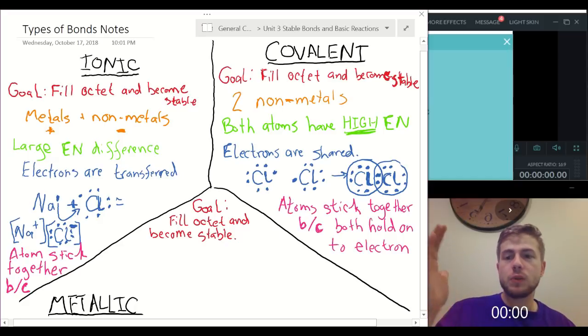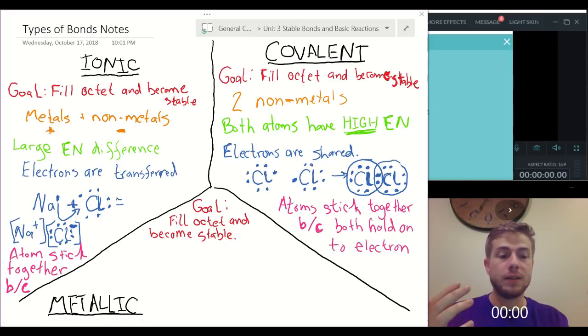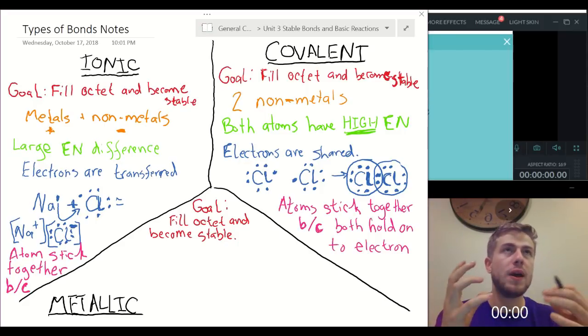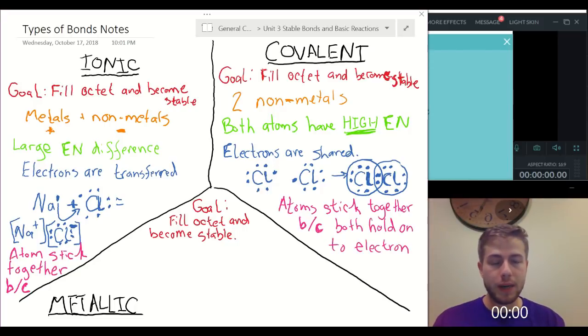However, instead of being between metals and nonmetals or two nonmetals, metallic bonds happen between, as the name implies, two metals, two atoms that have a pretty loosey-goosey hold on their electrons already.